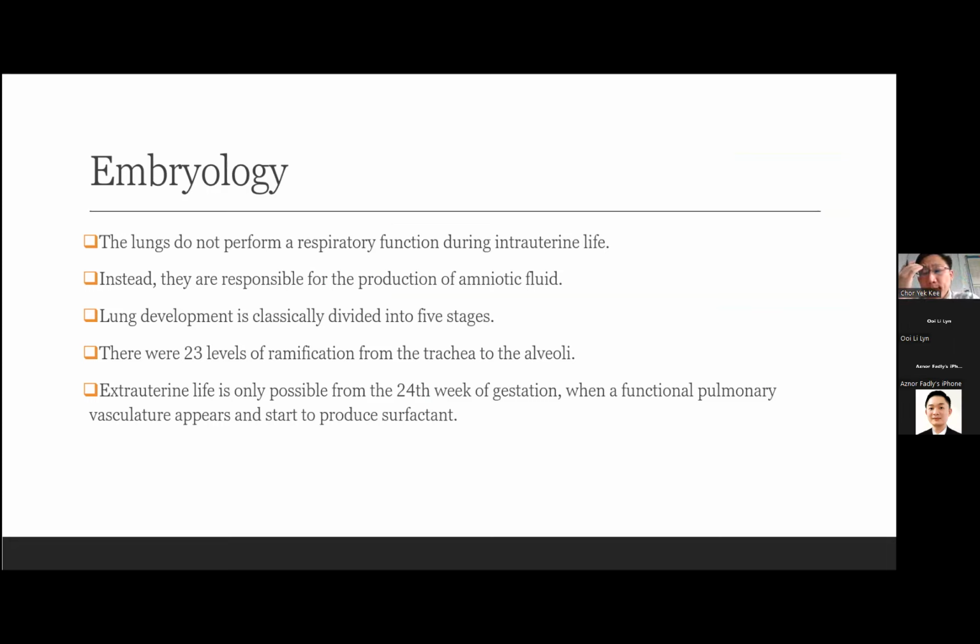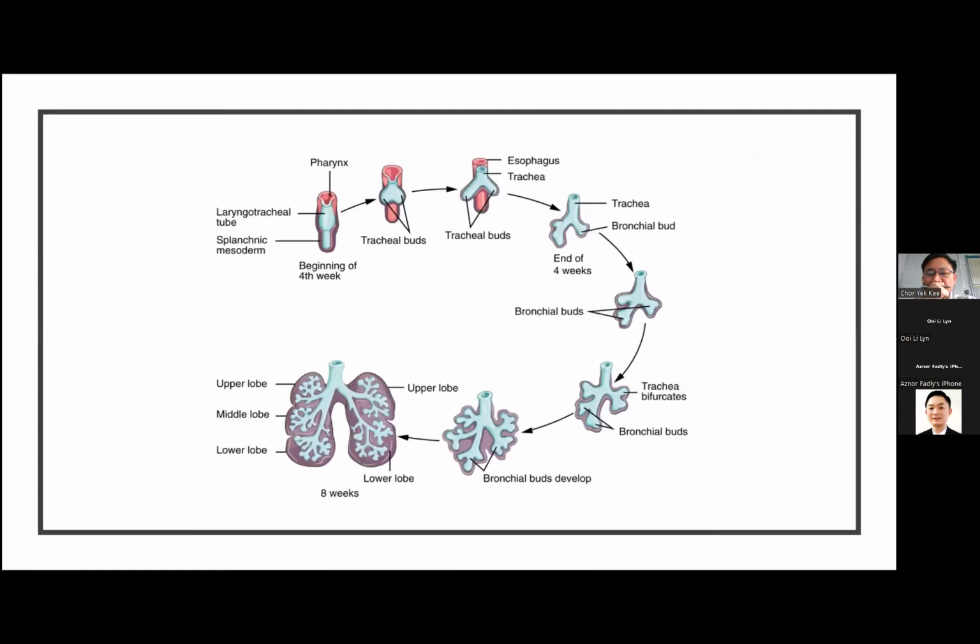Lung development is classically divided into 5 stages, where they undergo 23 levels of ramification from the trachea. From the foregut itself, it goes forward and backward to form endoderm and ectoderm, where the ectoderm forms the trachea and the endoderm forms the esophageal tube.